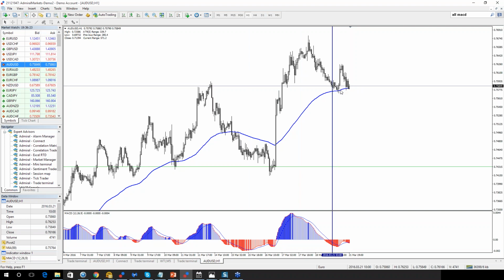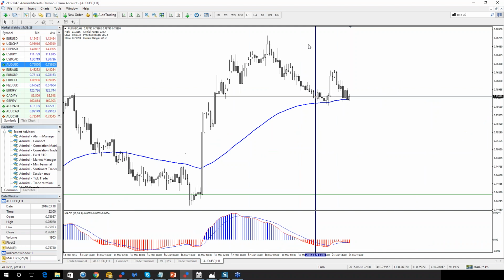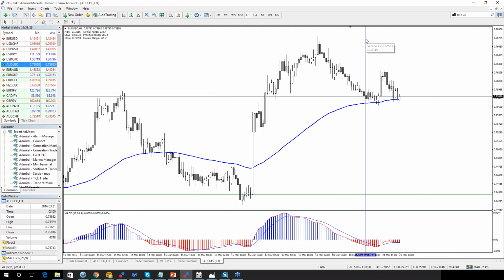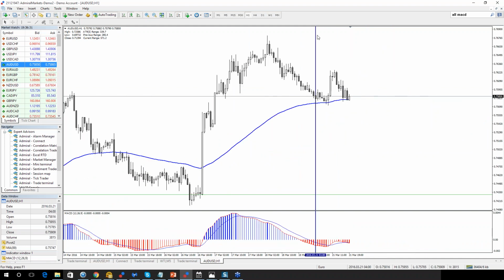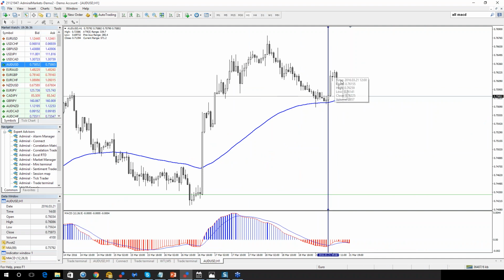Here and here. T89. It's trying to reject again, so let's see. It's trying to go up.